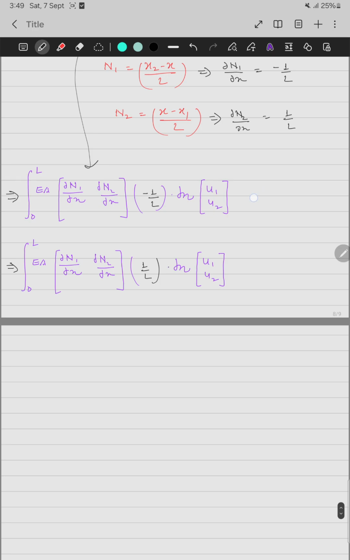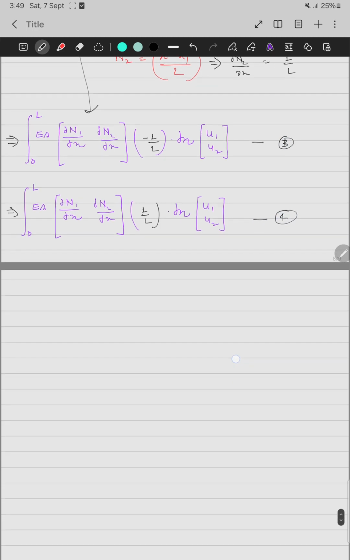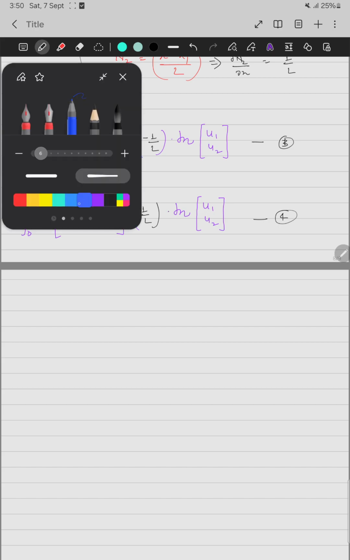So let's suppose this is equation 1. Sorry, let's suppose this is equation maybe 3, and this will be equation 4. Again, what we'll do is we can combine these two equations, make it in matrix form in a smart way. So how we can write that I will show you here.